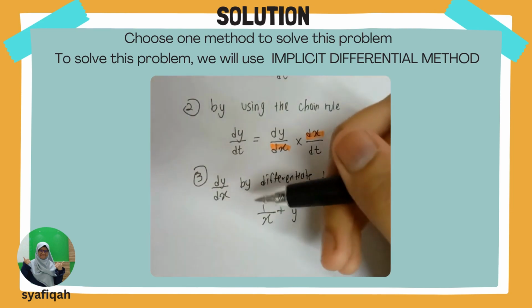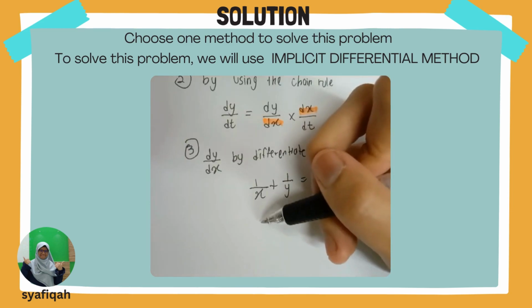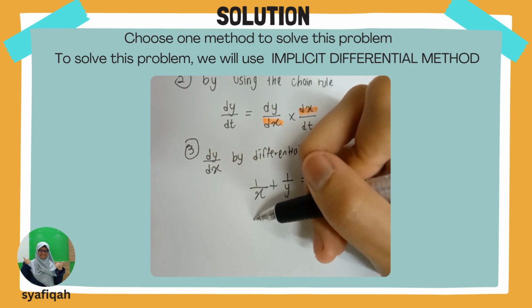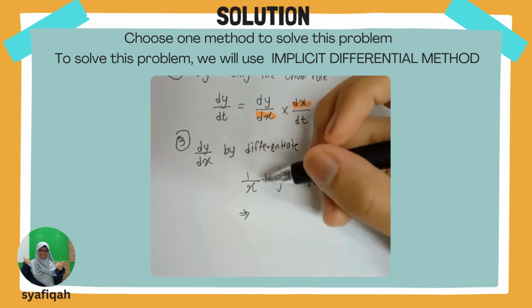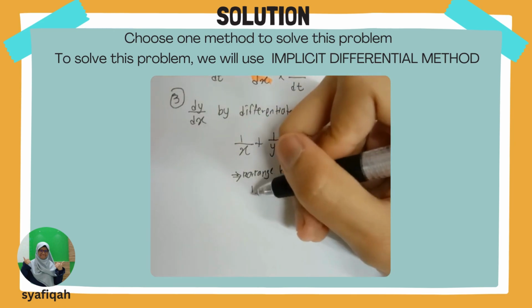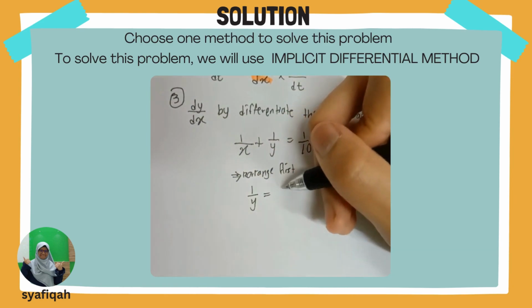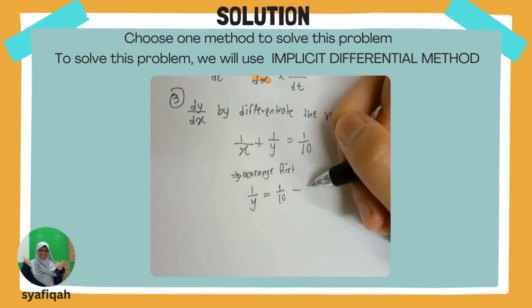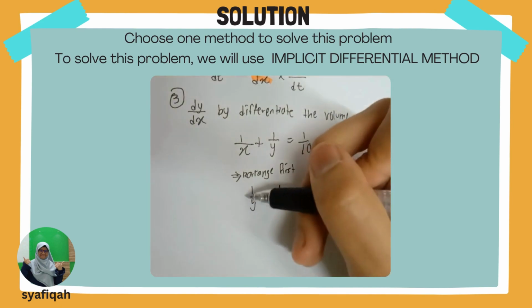Because we are searching for y, we first need to rearrange the equation to only y. By putting the x at the back, that leaves us with 1 over y equals 1 over 10 minus 1 over x.